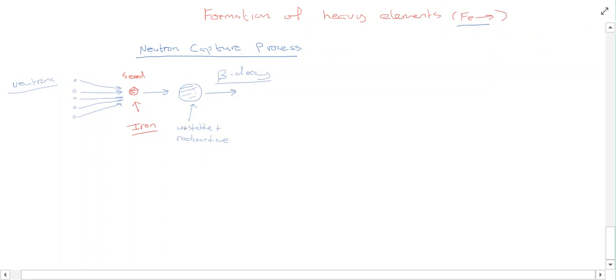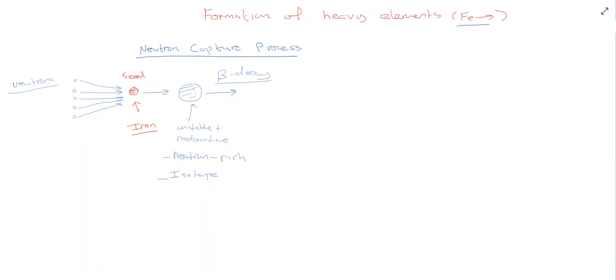Another way to think about this element is that it's neutron rich, and it's also an isotope. Neutron rich just means that it's been enriched with all of these neutrons. It's full of neutrons. So it's unstable and it spontaneously undergoes this radioactive decay known as beta decay.